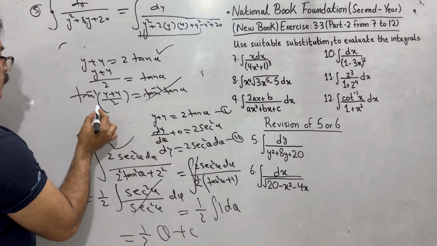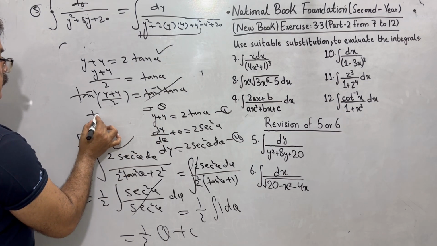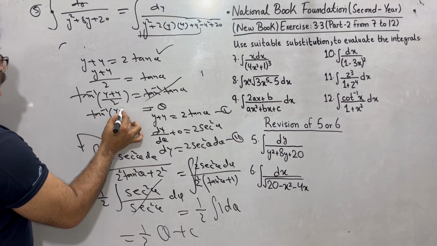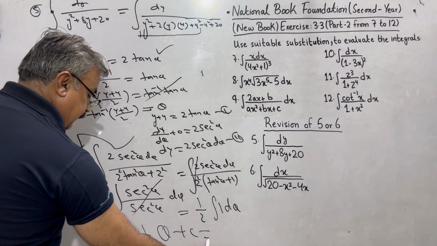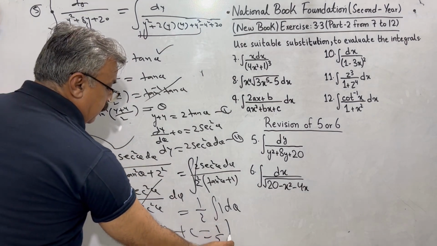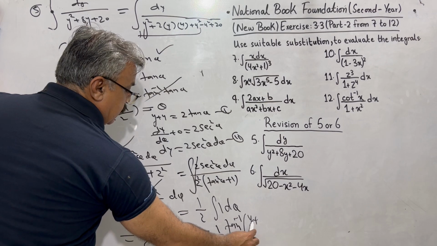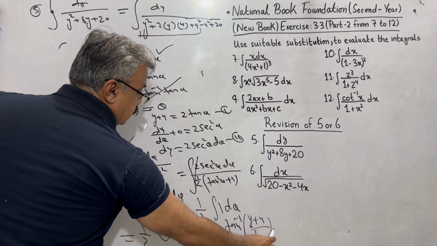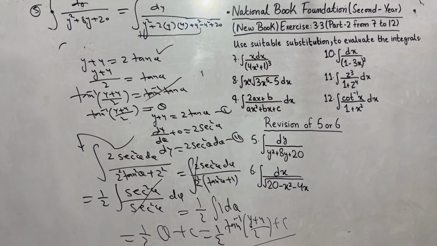So theta is equal to tan inverse of y plus 4 over 2. So 1 over 2 theta means 1 over 2 tan inverse, or arc tan, of y plus 4 divided by 2, plus c, is our final answer.